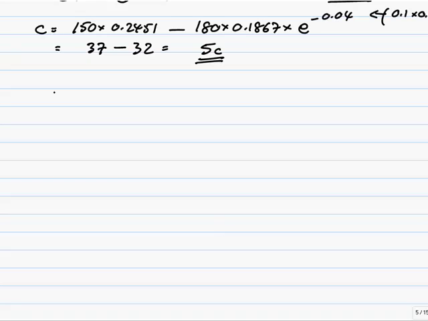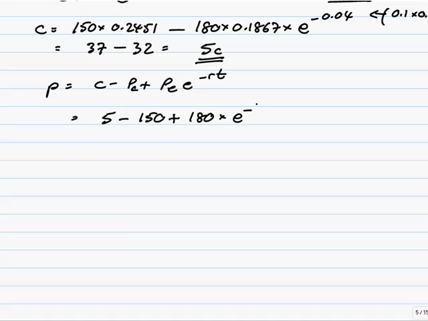Finally, the value of the put option. P is C minus PA plus PE, e to the minus RT. C we've just worked out was 5 cents. PA, current share price $1.50. PE, the exercise price $1.80. Times e to the minus, as before, 0.04.